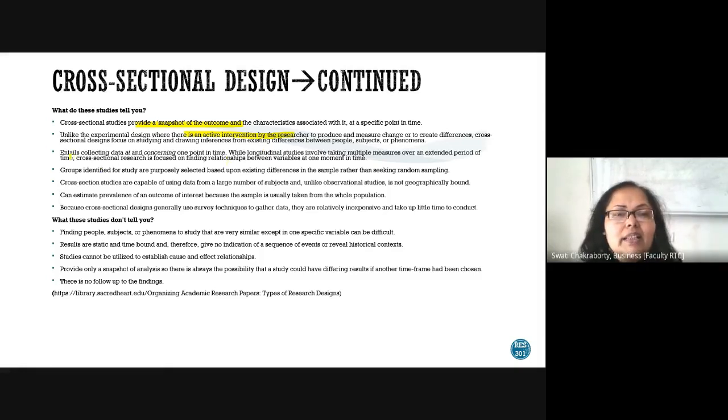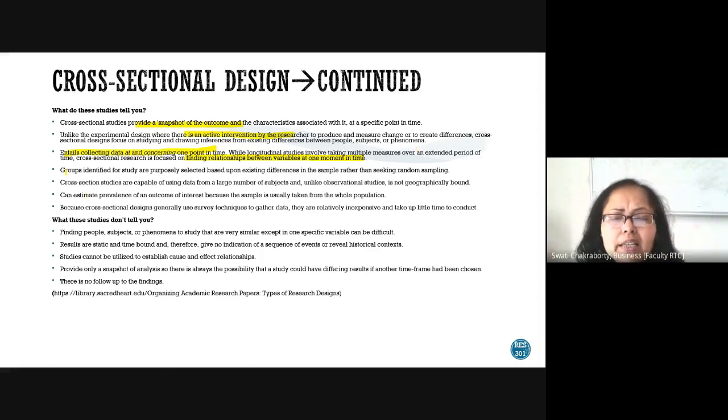It helps in collecting data with regard to one particular point of time, right? So here we also focus on finding relationships between variables at one moment in time. It's not across a period of time, but at one moment.